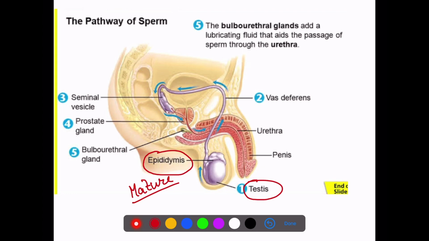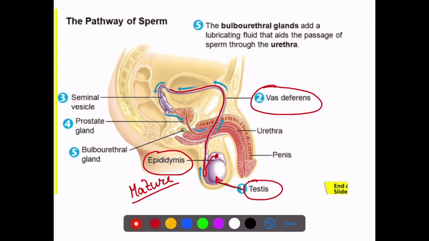So let's quickly recall the things first. The formation of sperms is done by the testis. Then these sperms go and are stored in the epididymis. From the lowest portion of the epididymis, they go through a tube. And what is this tube? It is known as the vas deferens.